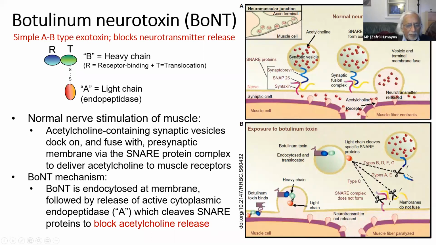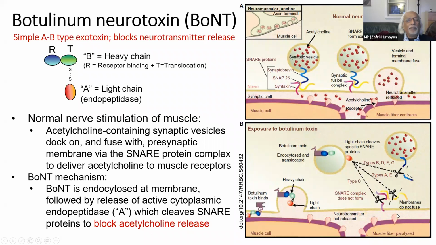When the botulinum neurotoxin is present, that AB toxin is taken up at the neuromuscular junction, and the active domain, the A subunit, cleaves synaptobrevin so as to destroy the SNARE protein complex that's required for vesicle fusion to the synaptic membrane, which ultimately leads to blocking of delivery of acetylcholine to the muscle.